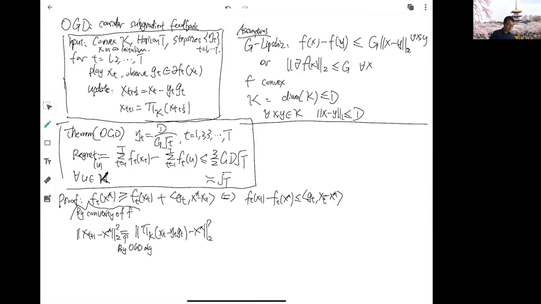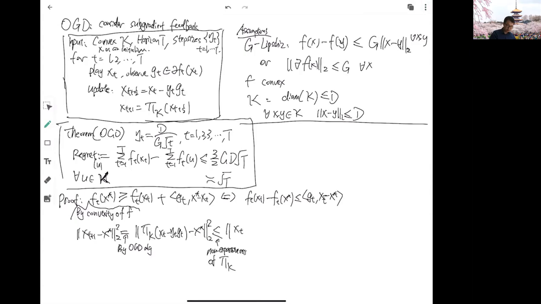So by the non-expansiveness of the projection operator, you always get closer to any point that's in the space, right? So you can upper bound this by simply dropping this projection.